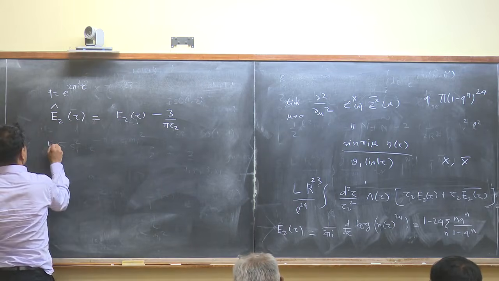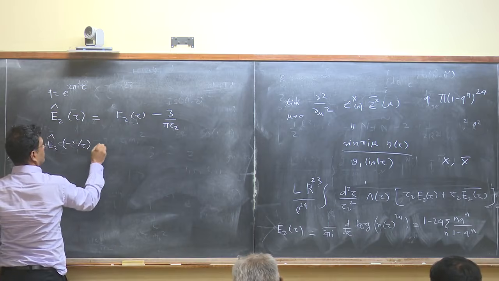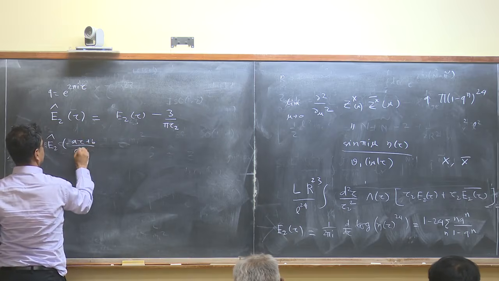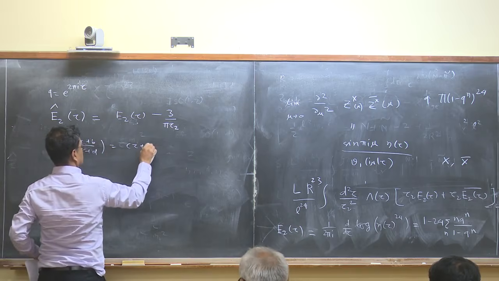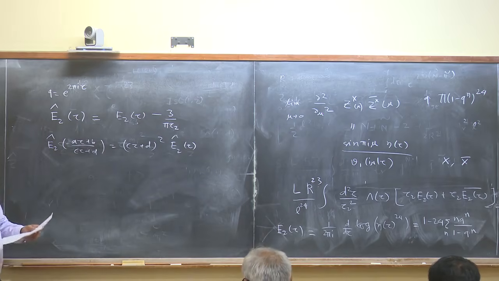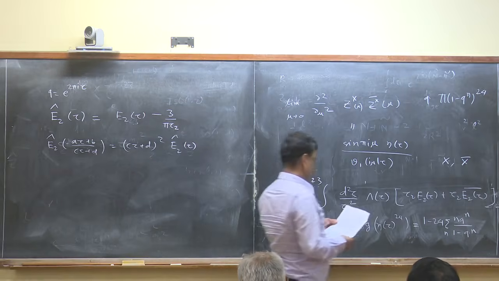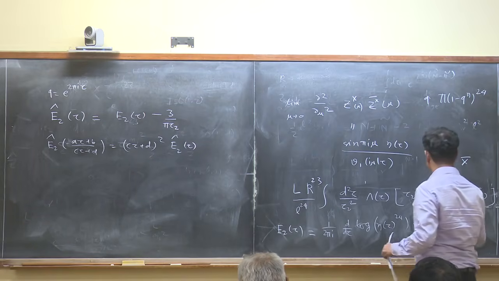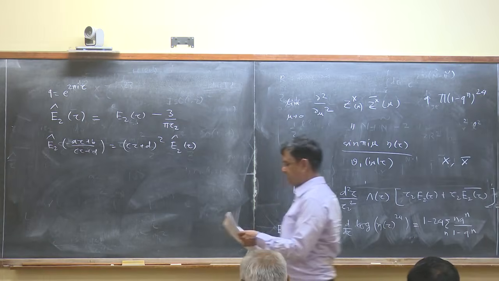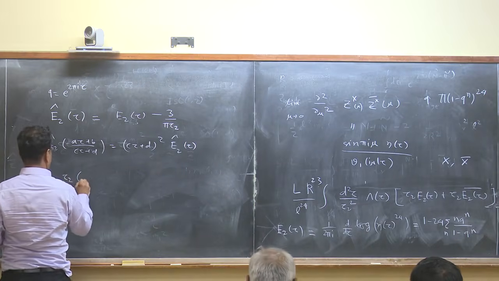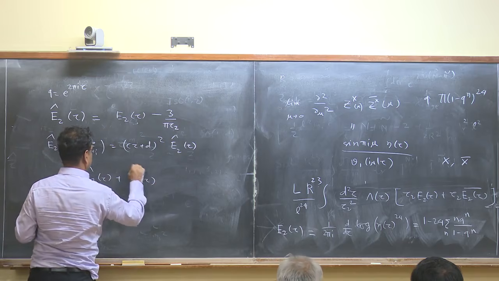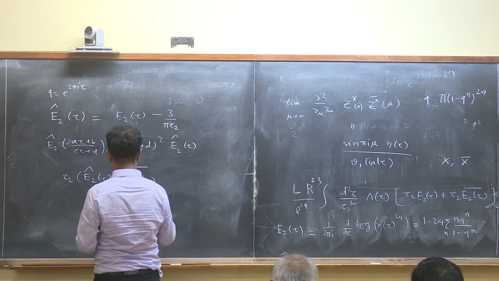So that means E2 tau, like E2 of minus 1 upon tau, will be... let me write it, A tau plus B over C tau plus D. So basically you can write this in terms of E2 hat, and this answer can be written as tau 2 E2 hat tau plus E2 hat tau bar plus 6 pi.